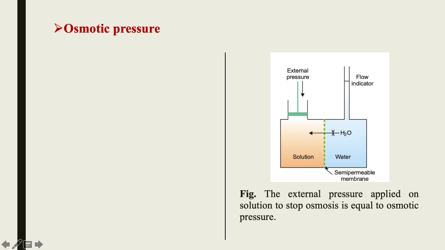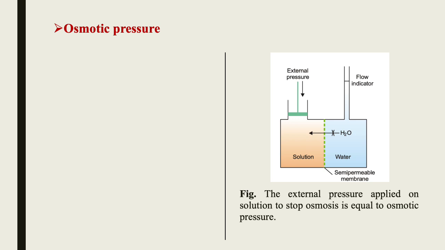So here you can see in this figure you have two chambers, one is simple water, and another is a simple solution. So solute concentration here is almost negligible, so here low and here high. Generally solvent, like water, moves from lower to higher concentration, but if you apply a particular pressure, your solvent will not flow.